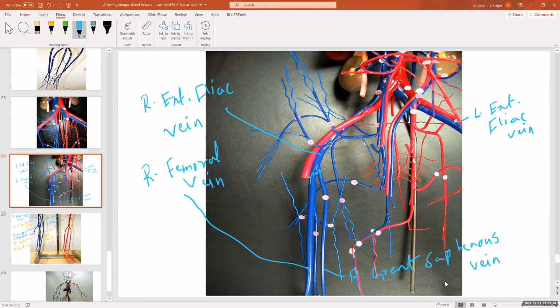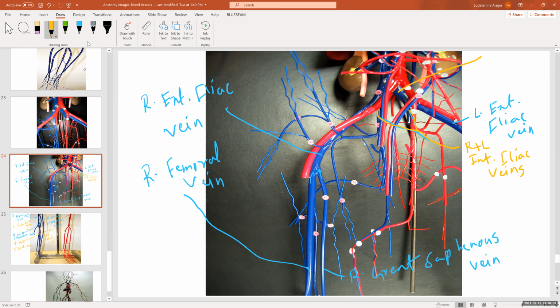Then you can see these two. Change the color here. This and here this. These two are right and left internal iliac veins.